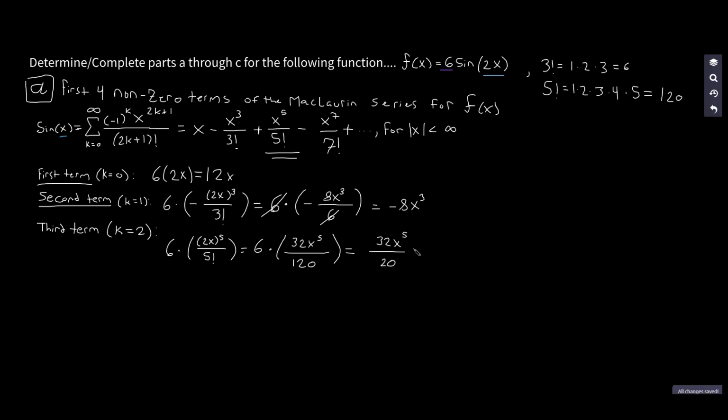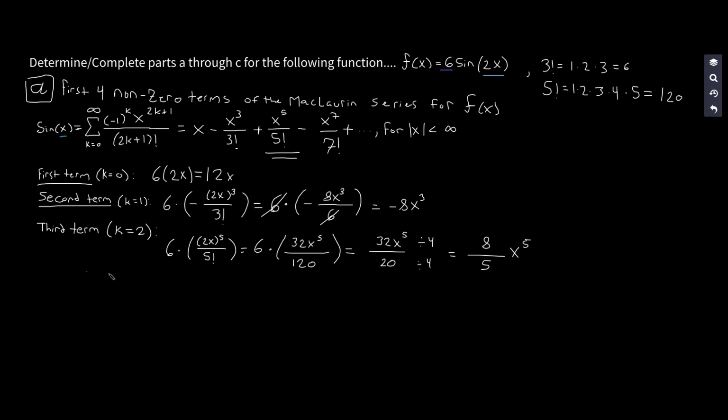And then we can simplify that fraction. They're both divisible by 4. 32 divided by 4 is 8, because 8 plus 8 is 16, 16 plus 16 is 32. And 20 divided by 4 is 5: 5, 10, 15, 20. And then this is going to be x raised to the 5th on the end of that.